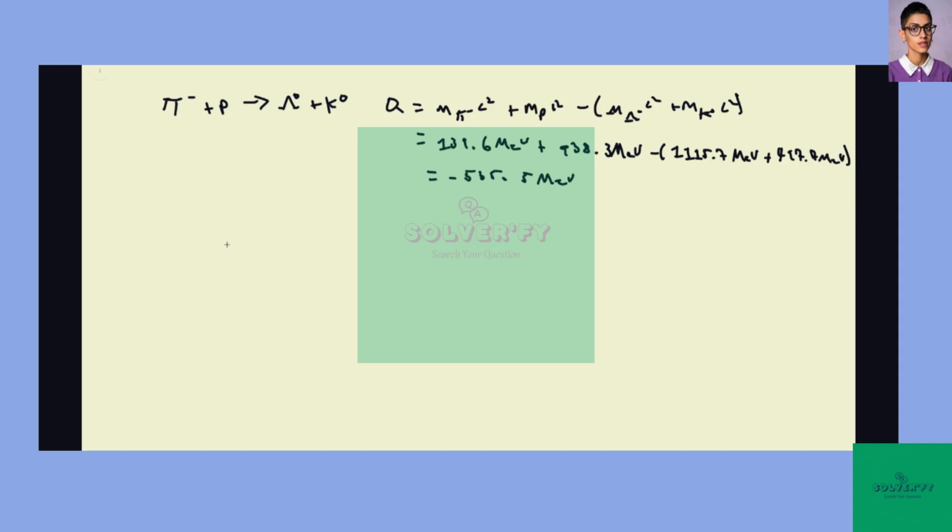make this reaction possible. So now, to figure out the minimum kinetic energy required for this to happen, we need to think about what we know about the problem here. We're given the simplification that when the reaction occurs, the lambda and the pion move off with the same velocity.